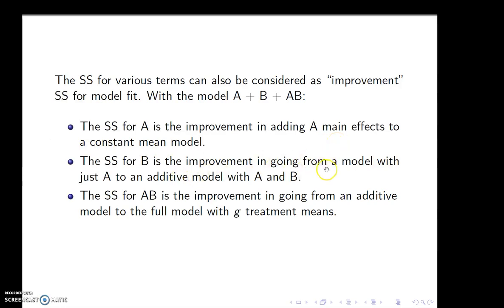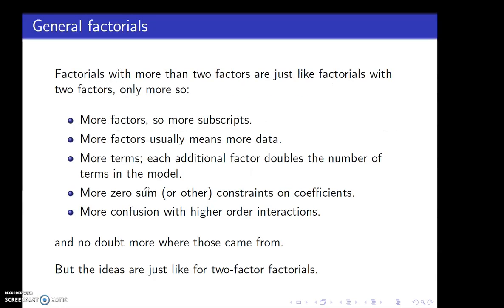The sum of squares for B is the improvement of adding B main effects when you already have A. The sum of squares for AB is the improvement of going from the additive model where you have the main effects for A and B to the full model with G treatment means. So if we see this as being non-significant, it means that additive model probably suffices, but we still leave it in there because it is a good way to understand the effect of having no interaction in this case.